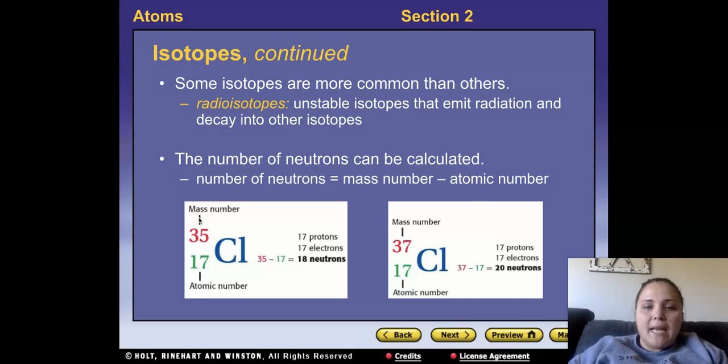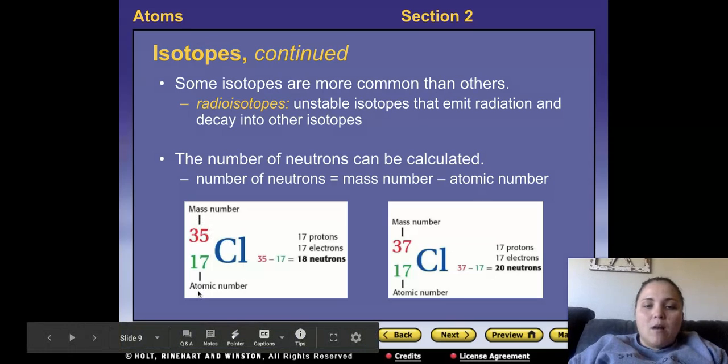I always say, man: mass minus atomic equals neutrons. So 35 minus 17 gives you 18 neutrons for this version. This other version has 37 for its mass number, so 37 minus 17 gives you 20 neutrons.